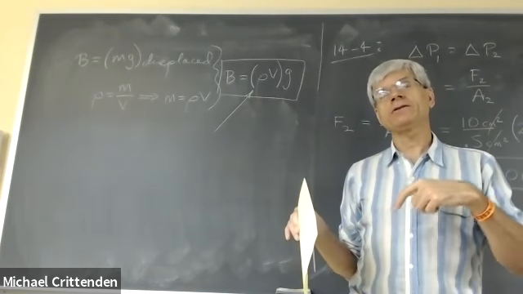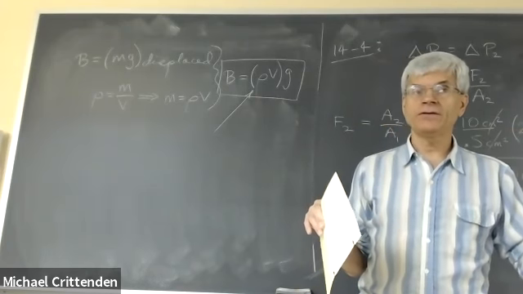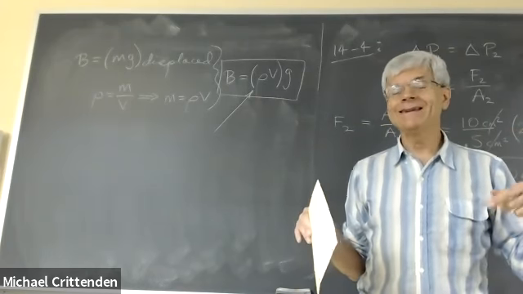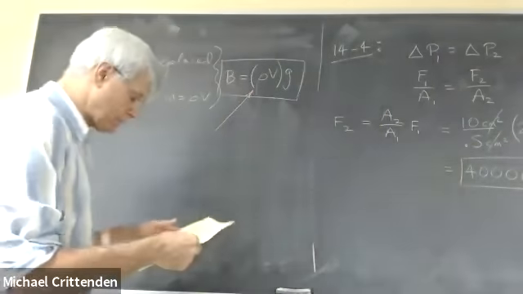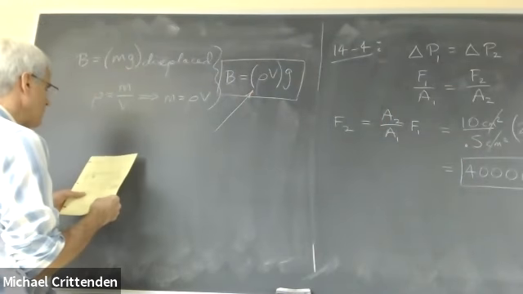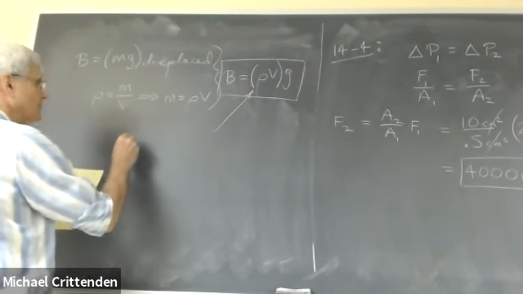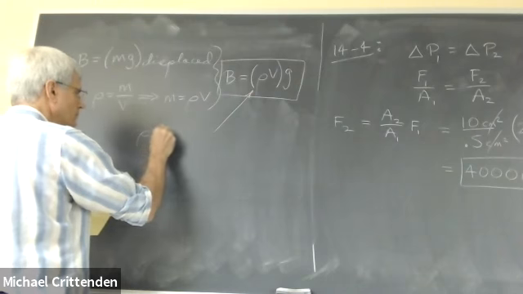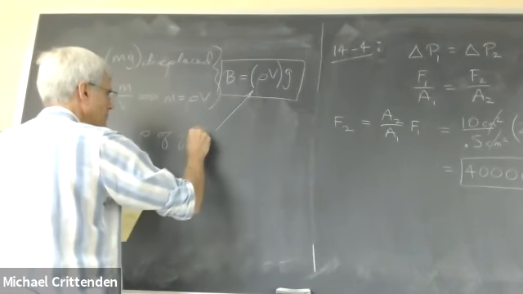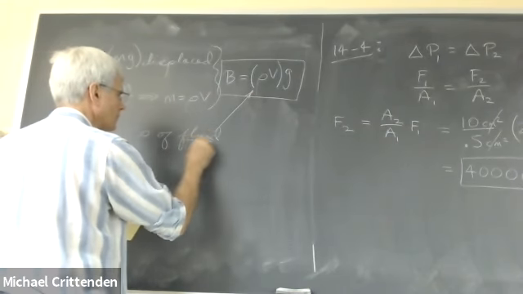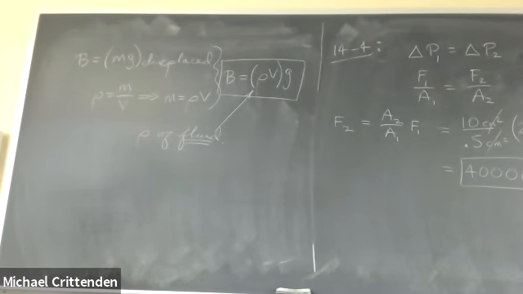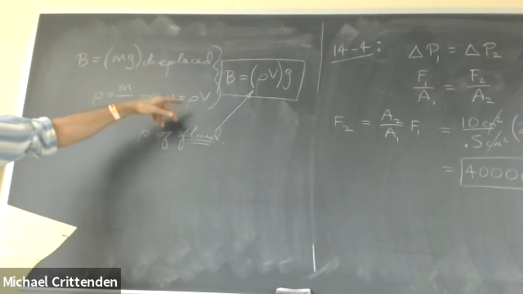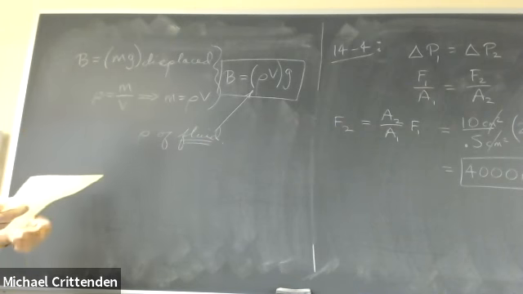And if you're calculating the weight of the displaced fluid, it would be the density of the fluid that goes in there for rho. Not the density of the object that's doing the displacing; the density of the fluid would tell you the weight of the displaced fluid.